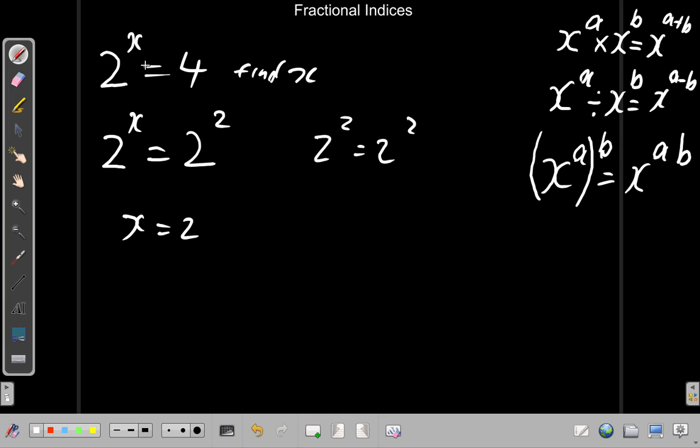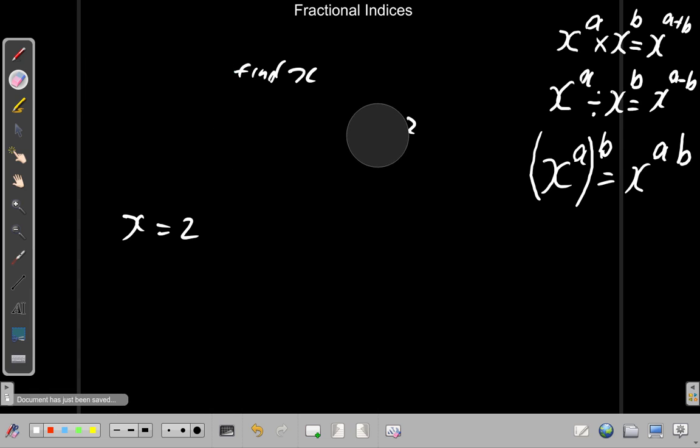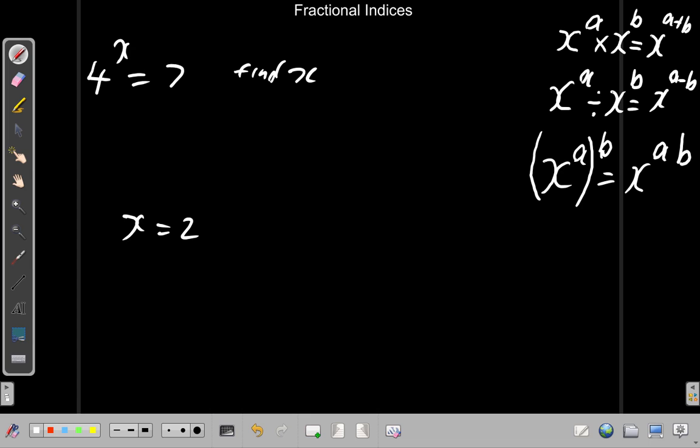Now, let's look at something else. I have 4 to the x equals 2. What is x? Well, we know that 4 is equal to 2 squared. So let's rewrite the 4 as 2 squared, and then it's to the x.